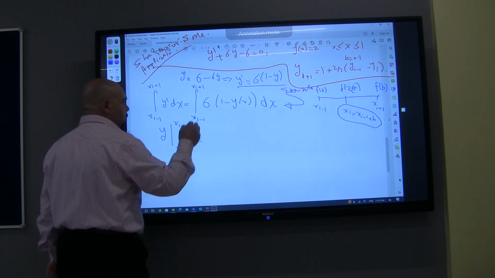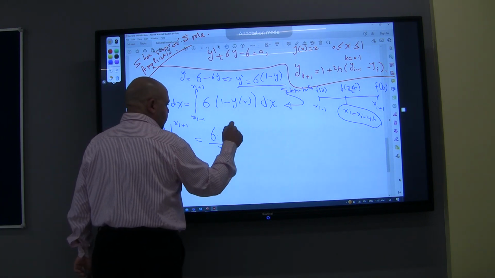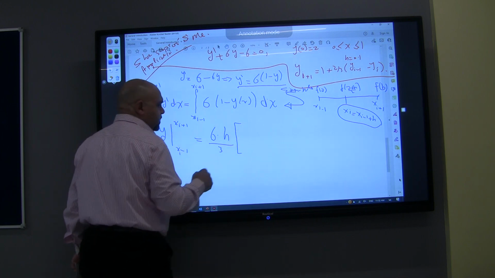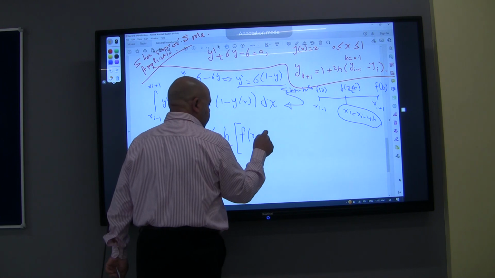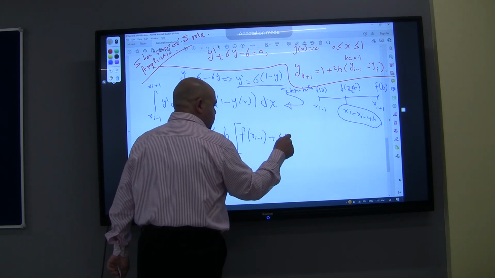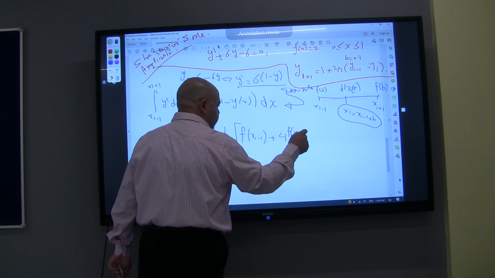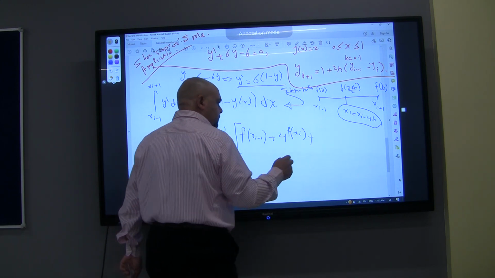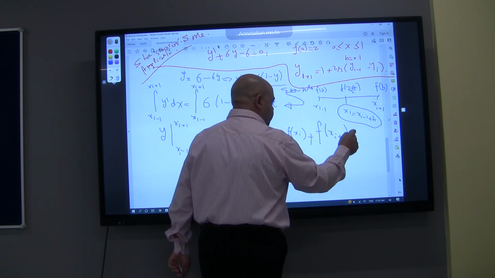According to Simpson rules, this is going to be 6 times h divided by 3, open a bracket, find the value of the function at xi minus 1, then plus 4 of the value of your function at xi plus the value of your function at xi plus 1.